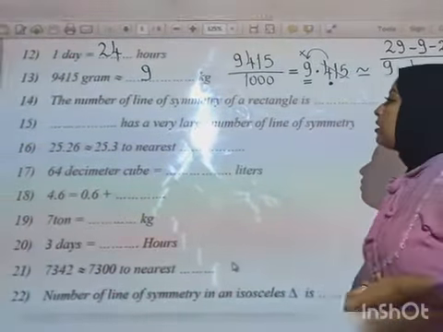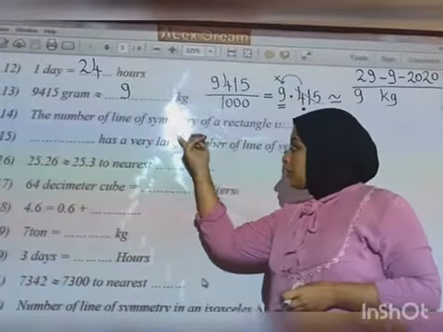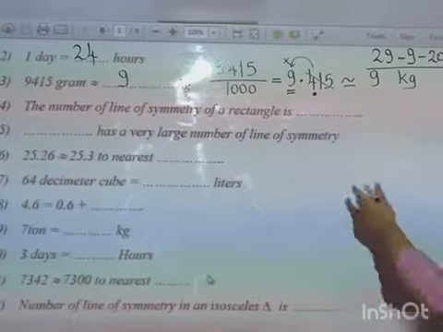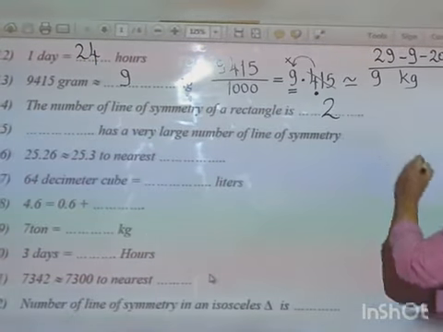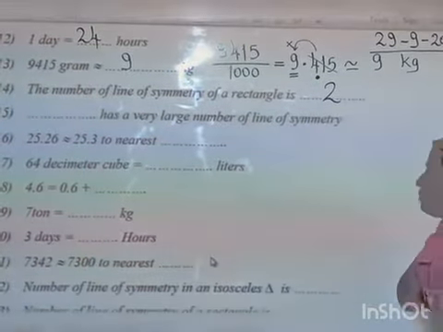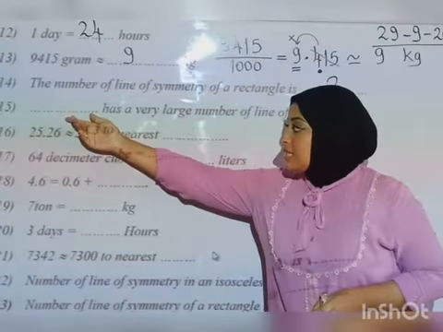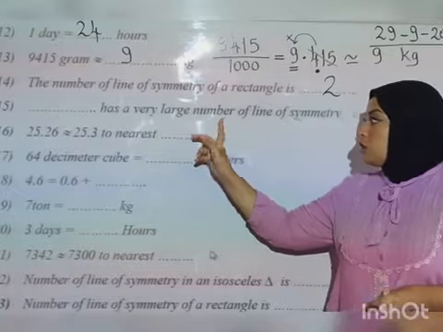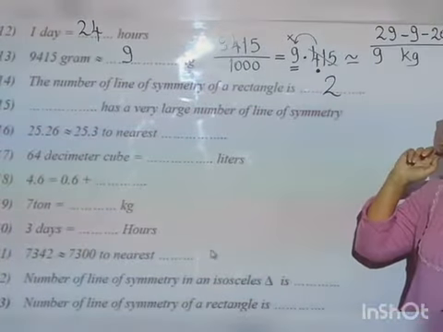Number 14. The number of lines of symmetry of the rectangle is 2. It has 2 lines of symmetry. Number 15. What is the shape which has a very large number of lines of symmetry?